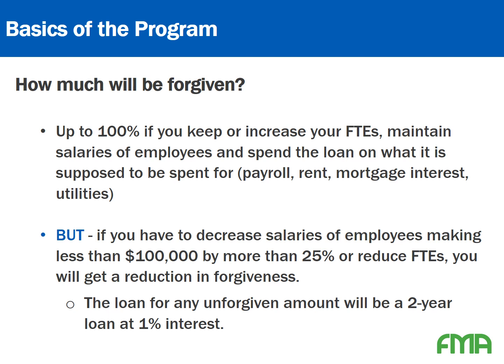The details are in the guidance that accompanies this overview. Overall, if you're able to keep employees on payroll and make no significant cuts, your loan will overall be forgiven.